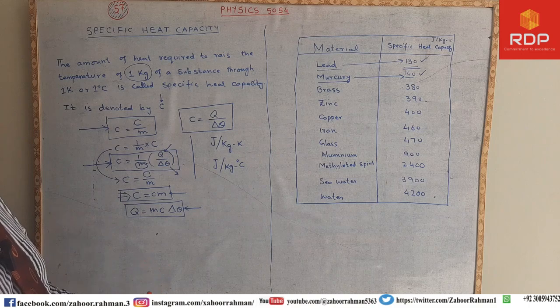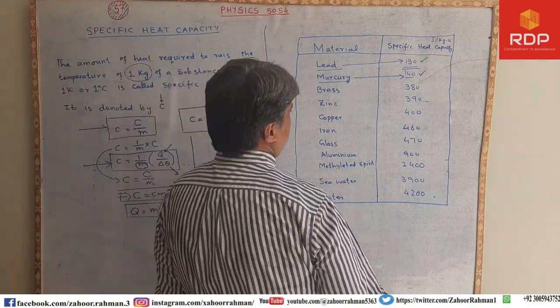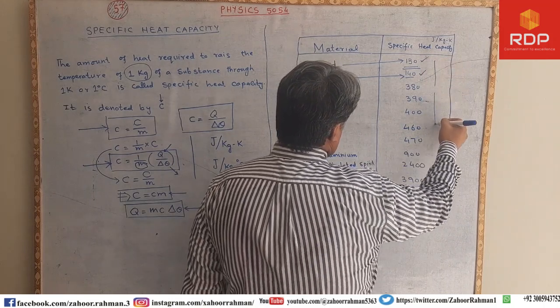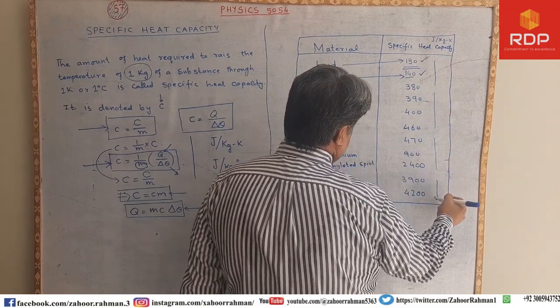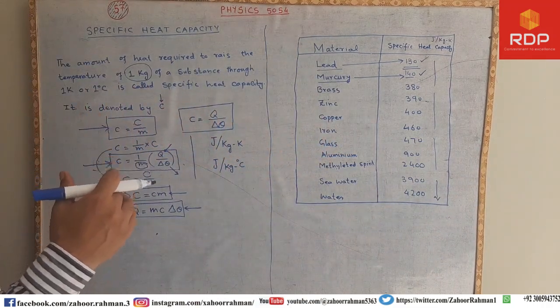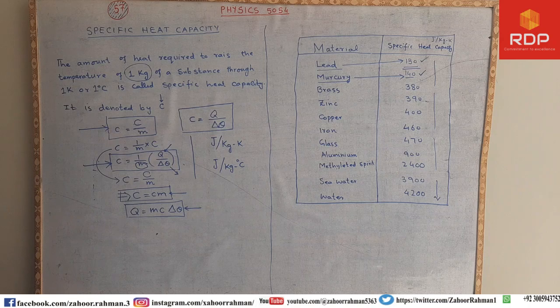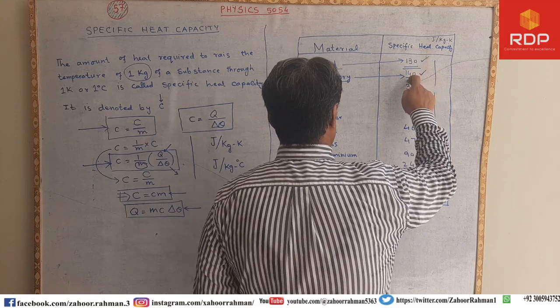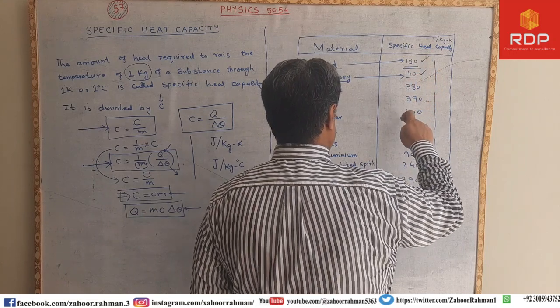So generally you can say per unit. So whatever unit you are taking. So it means that these values are given in increasing order. This is small, this is larger, this is larger, this is larger, this is larger.